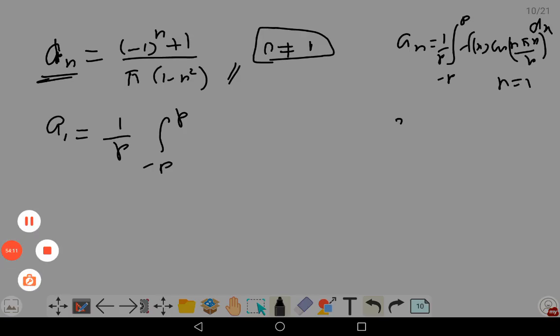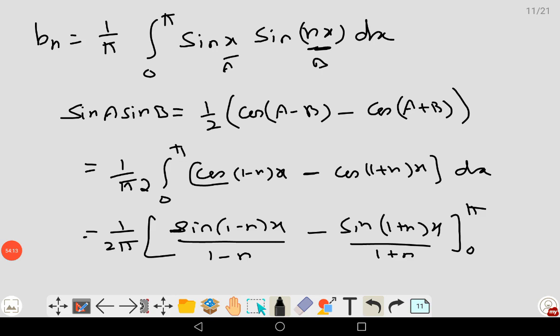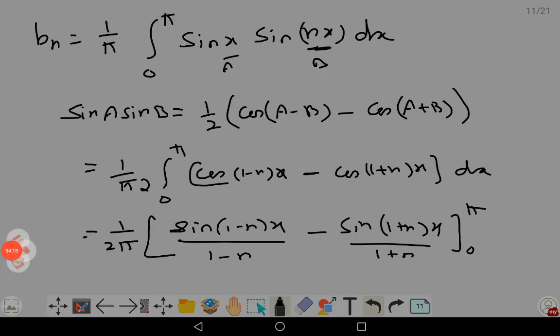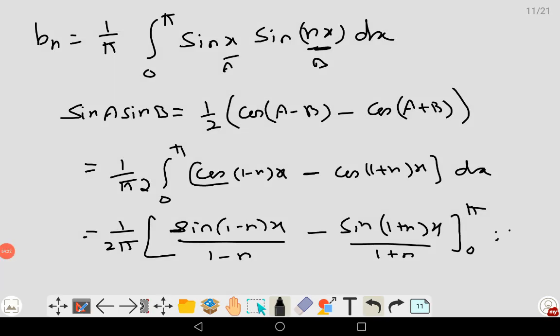a1 is 1 over p from minus p to p, and still this answer is not true for n equal to 1, isn't it? Because n equal to 1 will make this one 0, and then everything will be infinity.